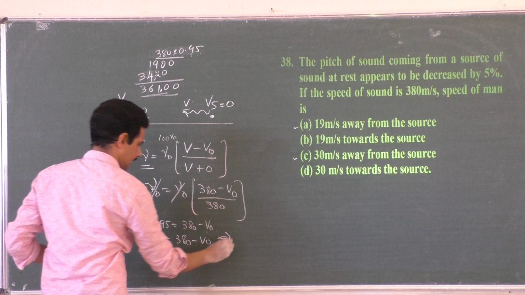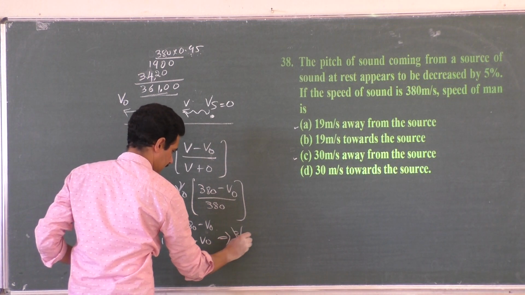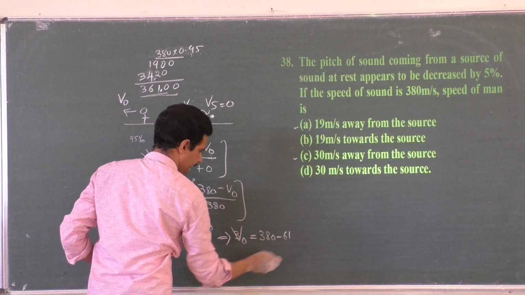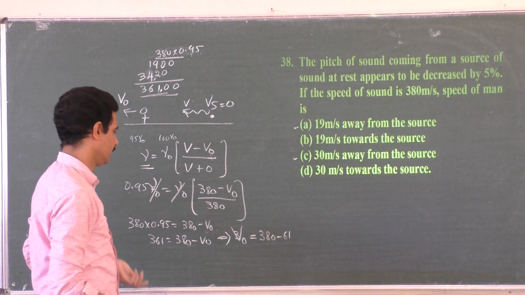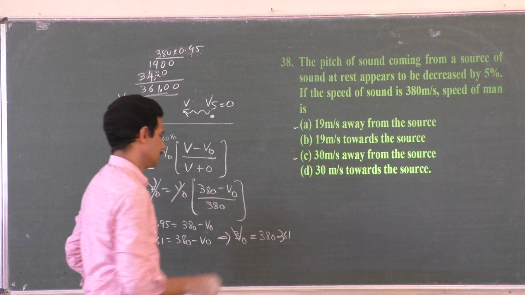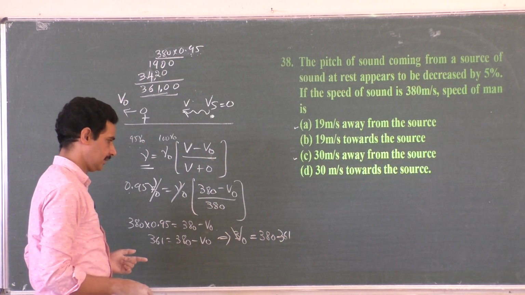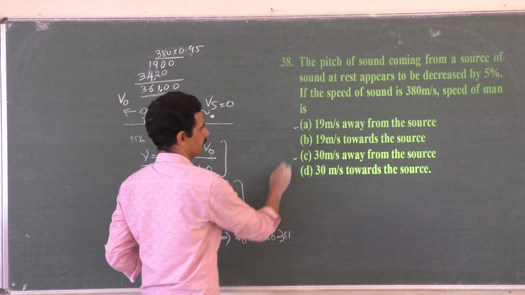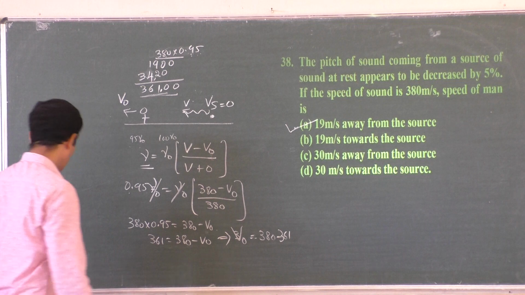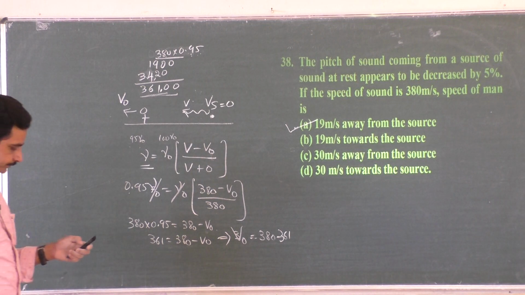That implies V naught is equal to 380 minus 361, which is 19. Away. This should be the answer. Yes. 38.